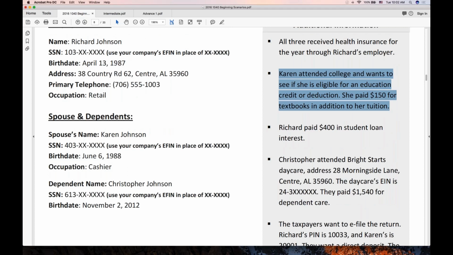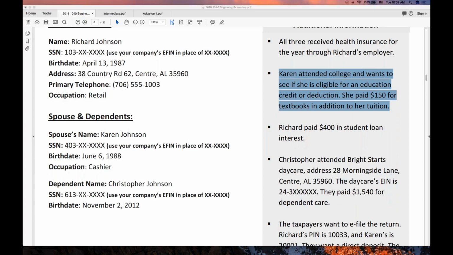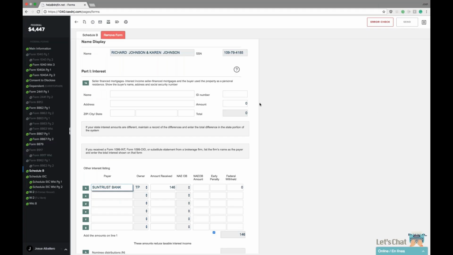You have to look at the documents and say, "Oh, Miss Karen, you have a 1098 form, right? You can actually qualify for more than just the $150 in textbooks. We can put the $150 there, but we're gonna have to add them both up."